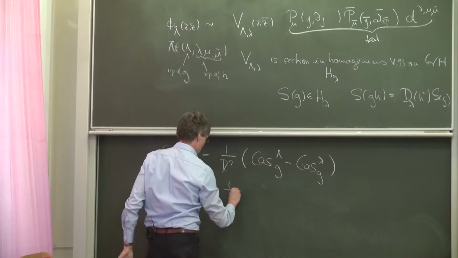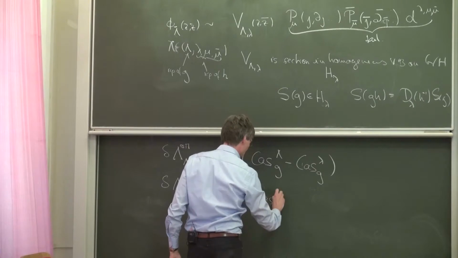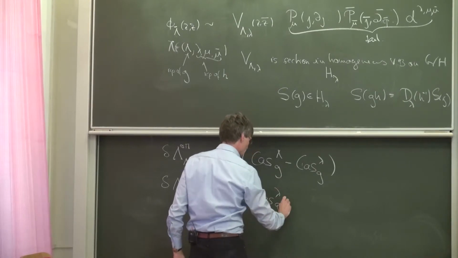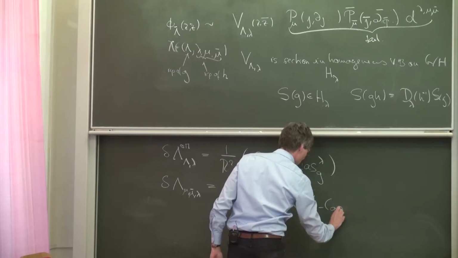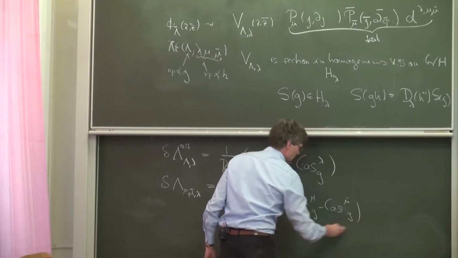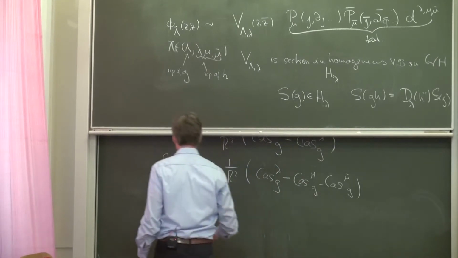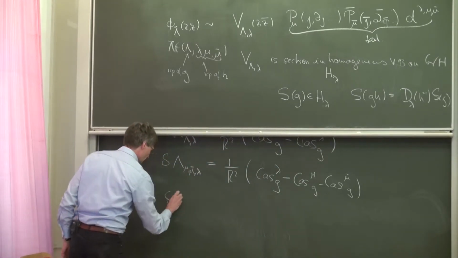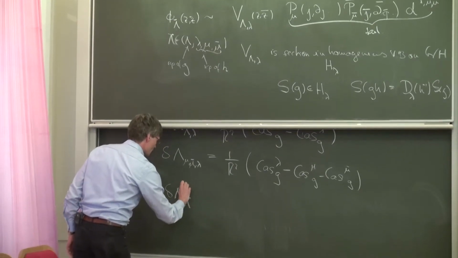So here you get 1 over R squared, and then you get the quadratic Casimir of lambda for G, minus the Casimir of mu for G, minus the Casimir of mu bar for G. And when you add these two things up, you get the final result for the one-loop anomalous dimension in the sigma model.